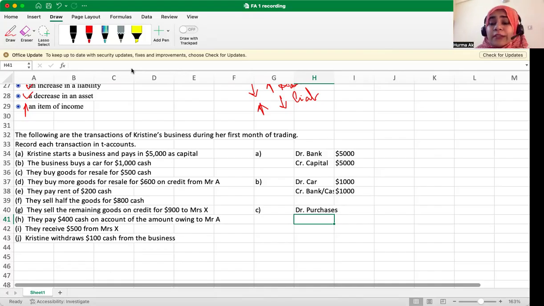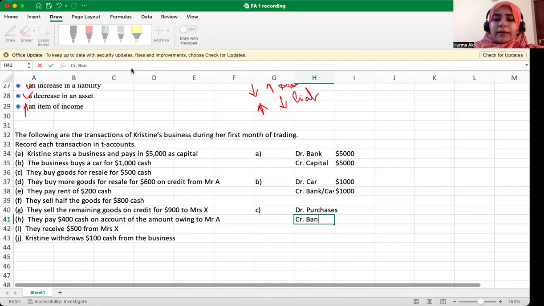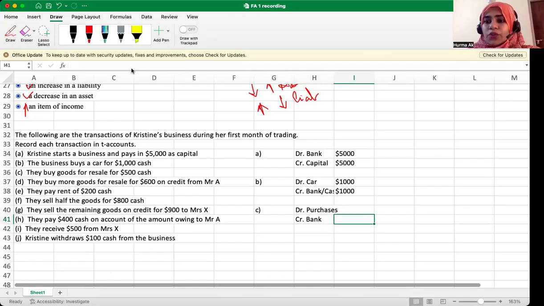So it's an expense. When my expense increases, I will be debiting it. And you credit what? You credit bank because my money is going out. That is a decrease in the asset, right? So a decrease in the asset is definitely a credit. It's a golden rule. That is going to be $500.